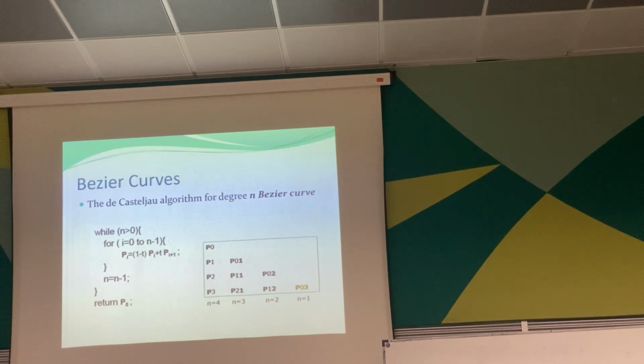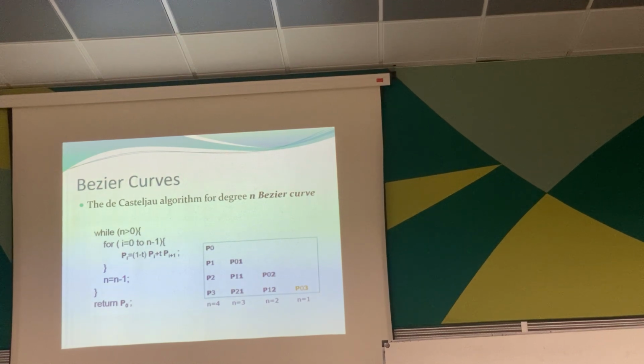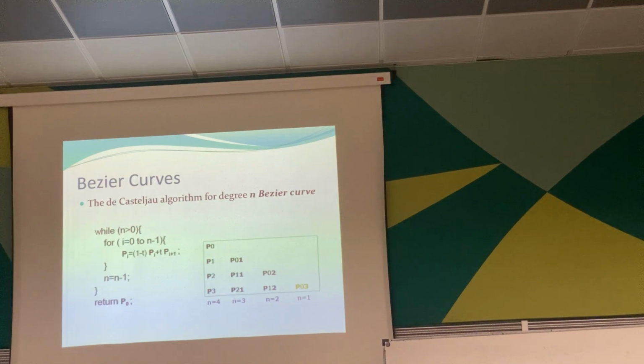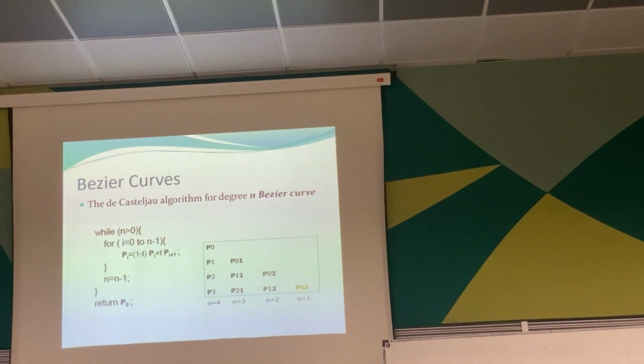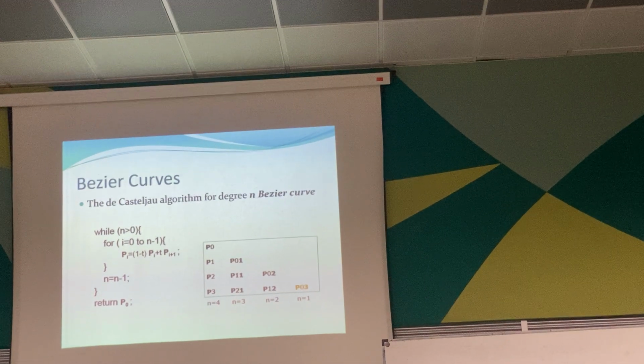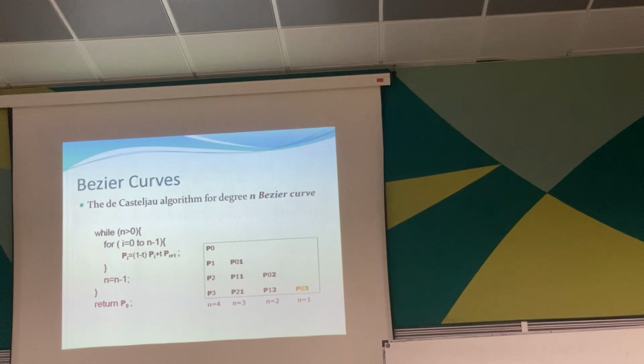Then put in your polynomial function: point I equals 1 minus t, point I plus t, point I plus 1. If your I is 0, then your P is 1. Then n equals n minus 1. So it's in a while loop until your n is equal to 0, because this one is only more than 0. Then you return your point.